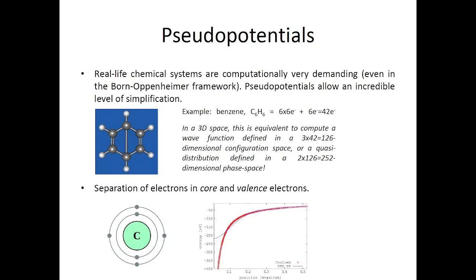What we do is separate electrons into core electrons and valence electrons, and the core electrons build up a pseudopotential that we use.